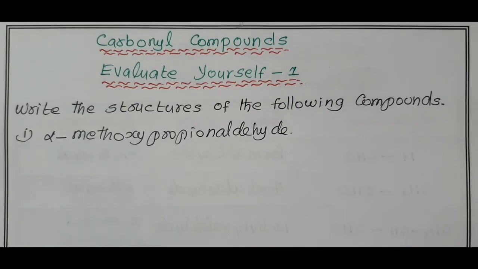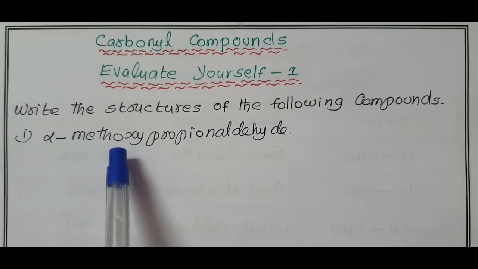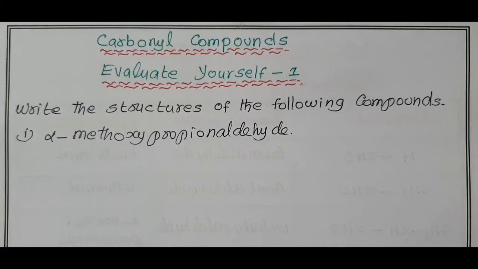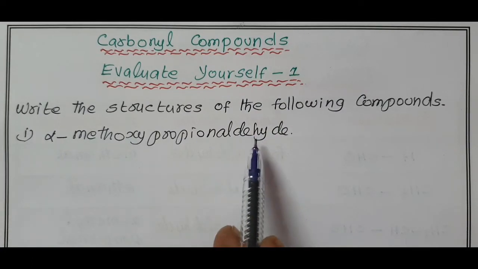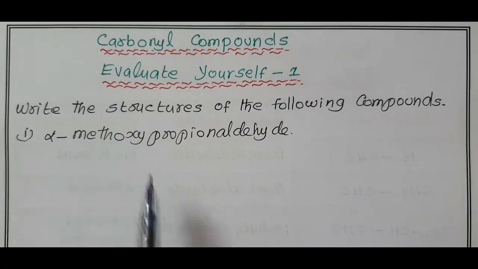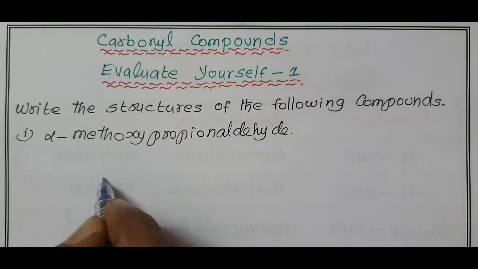First one is alpha methoxy propionaldehyde, 3 carbon atoms. The aldehyde attached carbon atom is the alpha carbon. In that alpha carbon, one methoxy group is present. So, CH3, 3 carbon atoms.